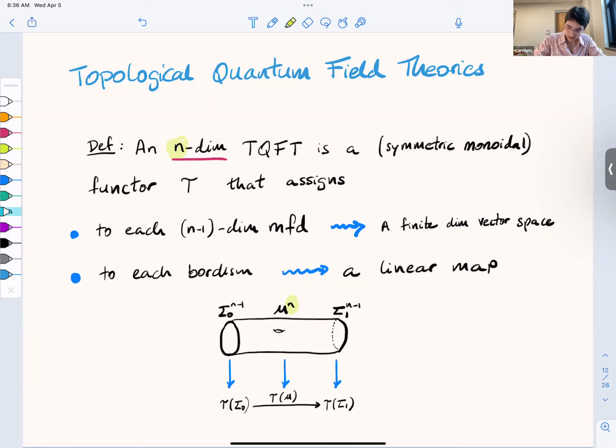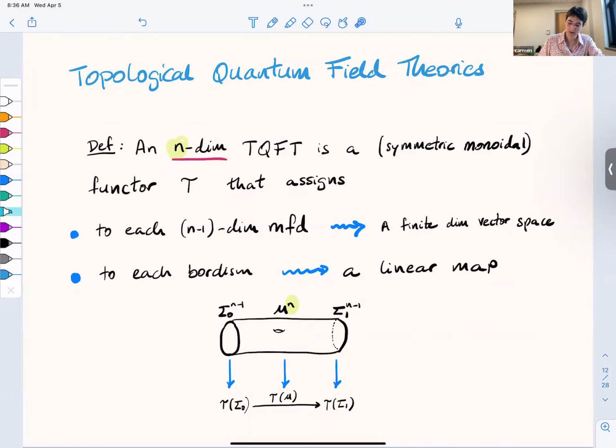So these sigma manifolds here as boundaries are n-1 dimensional manifolds. What does the functor do to those? Those manifolds are going to get assigned a finite dimensional vector space, which I denote here by the functor applied on the manifold. Likewise, this is a vector space, and this is also a vector space.